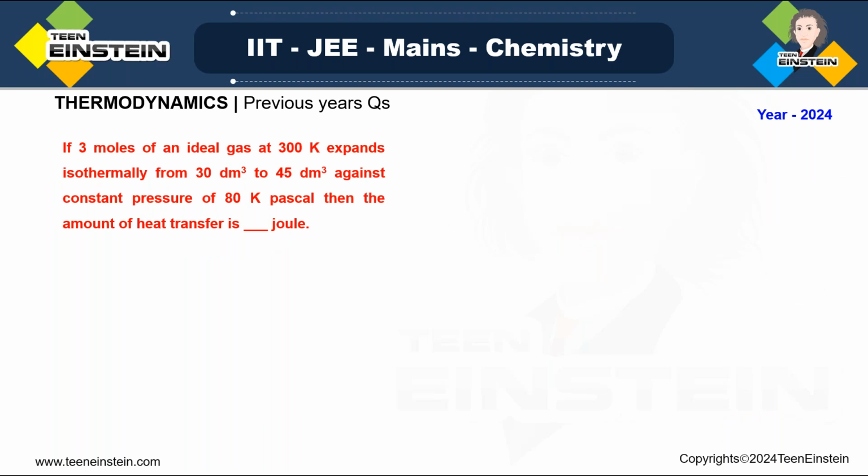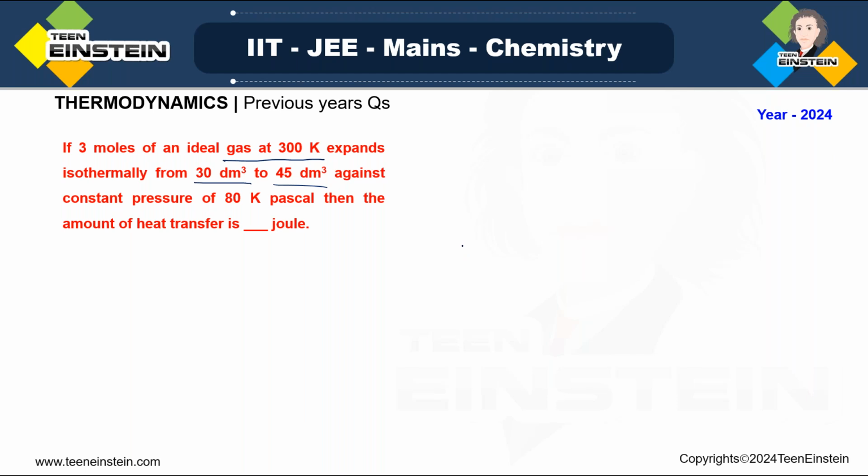If 3 moles of an ideal gas, at 300 Kelvin temperature, are expanding isothermally from 30 dm cube to 45 dm cube, against a constant pressure of 80 kilopascal, then the amount of heat transfer in joule is what we have to find. Here, what are the values given?